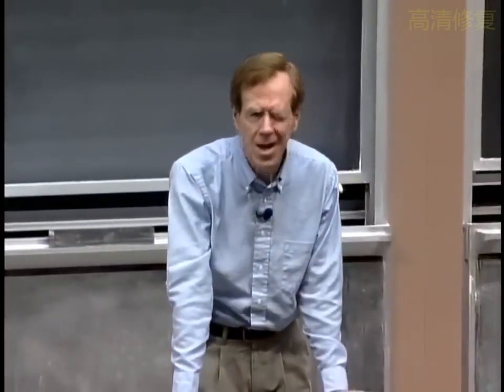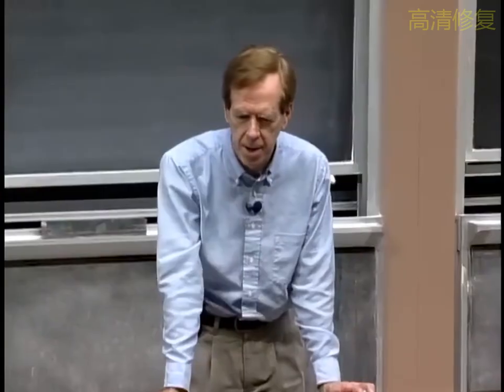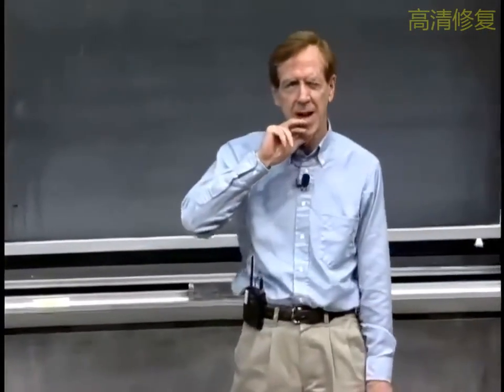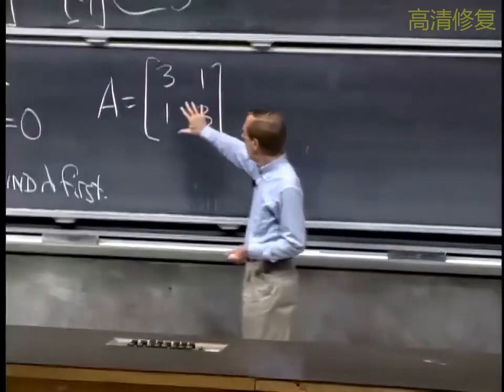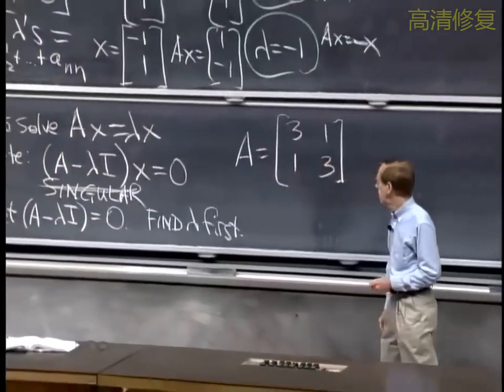Or shall I do the determinant of A minus lambda I and then point out at the end? Will you remind me after I find the eigenvalues to say why they were easy from the example we did?